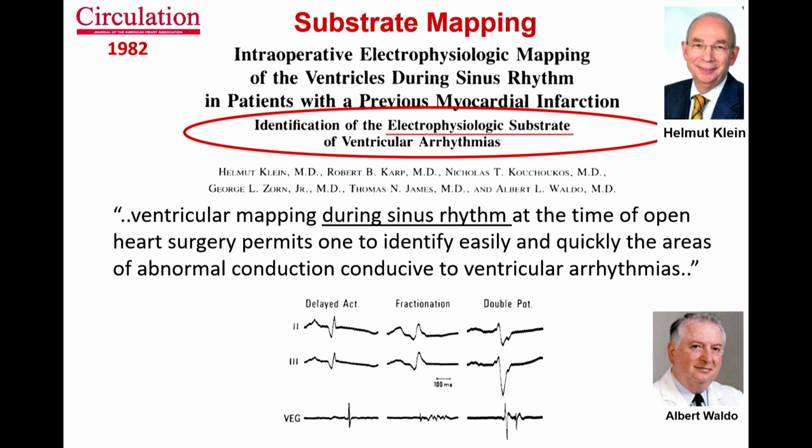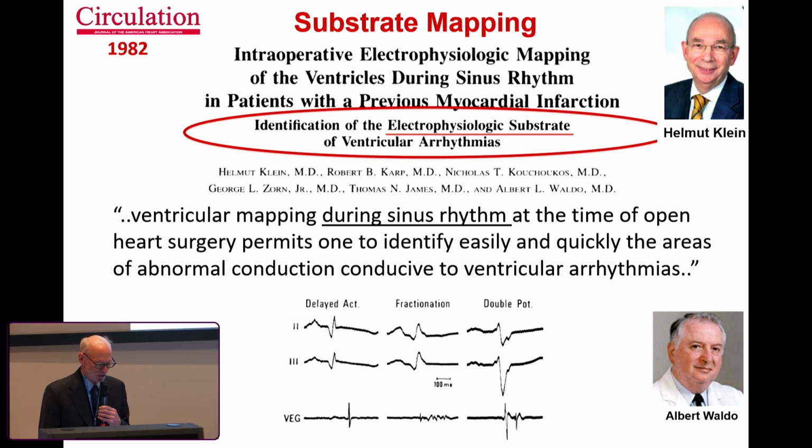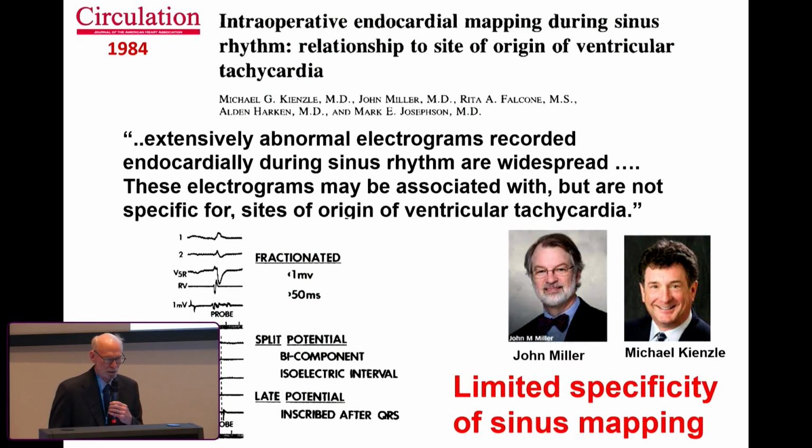The first time I can find substrate mapping used in the literature was this article from Helmut Klein and Al Waldo, using it with the thought that identification of the electrophysiologic substrate of ventricular arrhythmias could be found with mapping, and they were using this during surgical ablation.